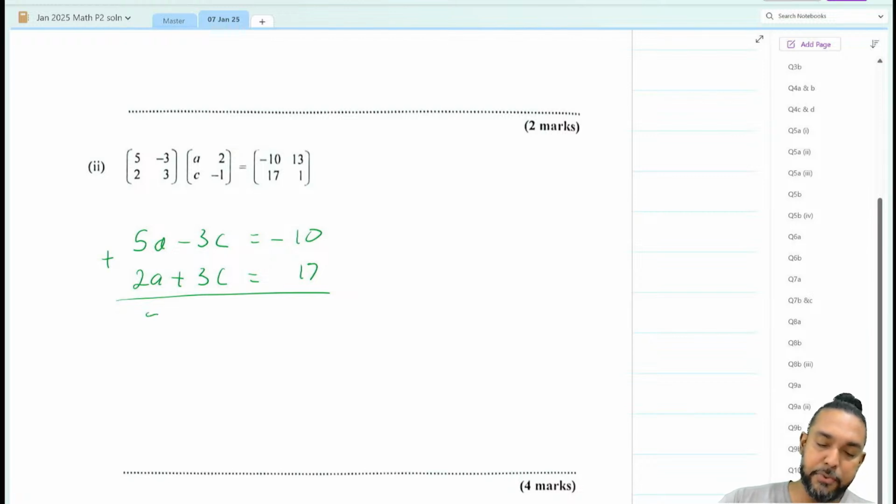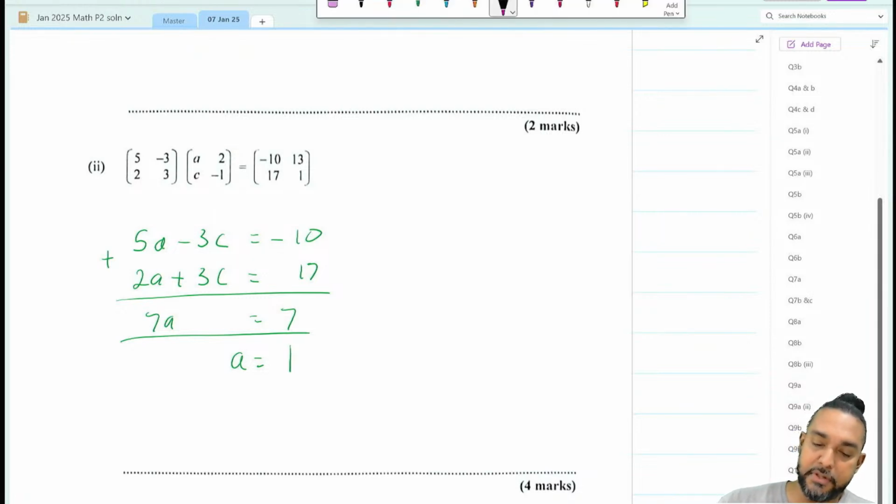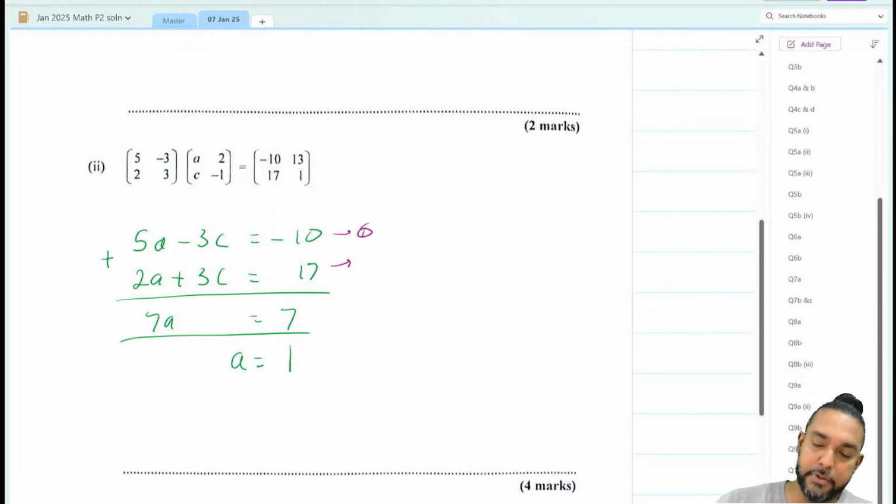Right? 5a and 2a is 7a. Minus 3c plus 3c is 0. Minus 10 plus 17 is 7. So if 7a is equal to 7, a is equal to 1. Right? And then we could sub that back up inside of one of the equations. Let's put it inside equation 1.